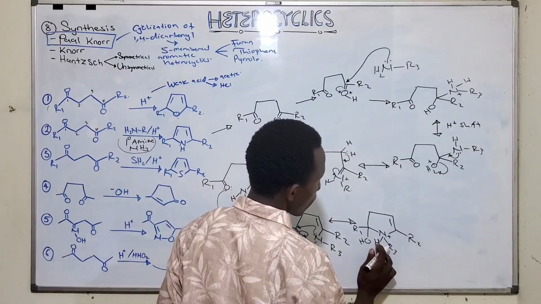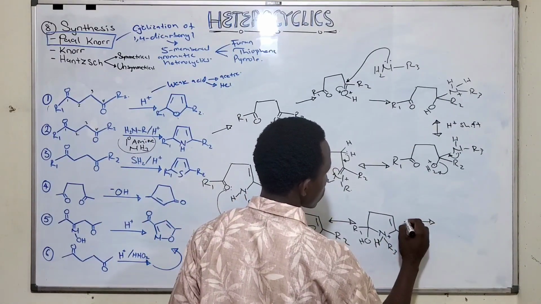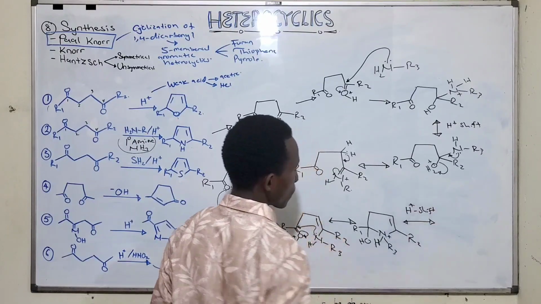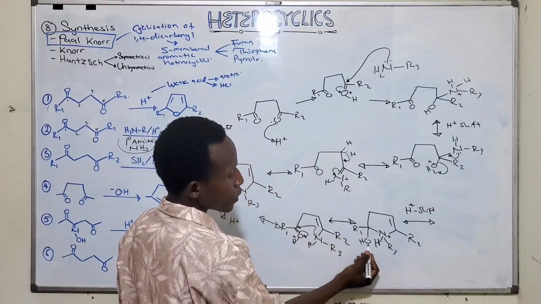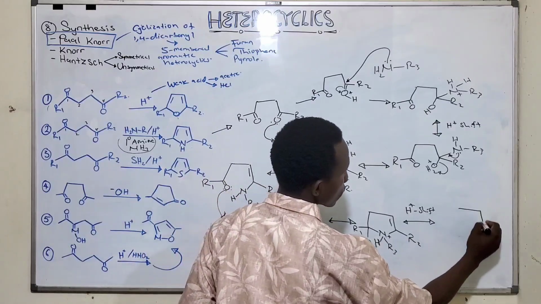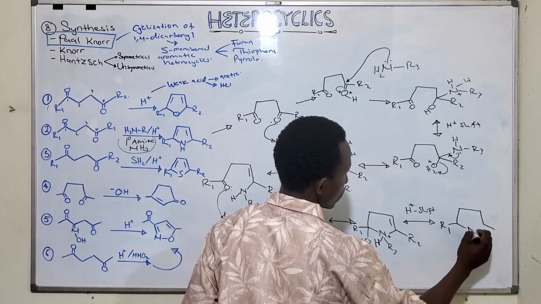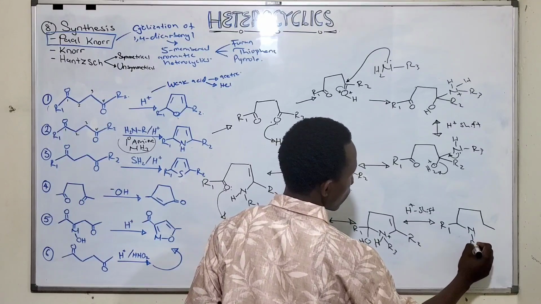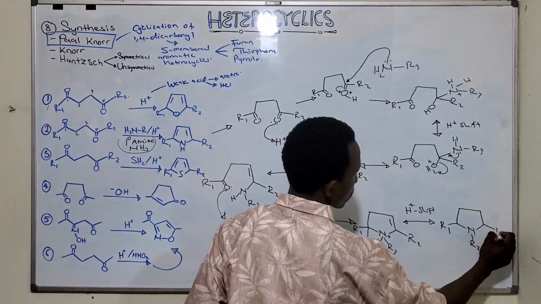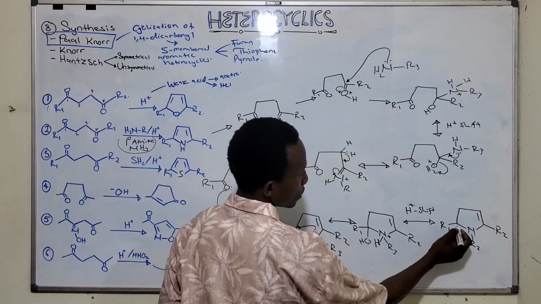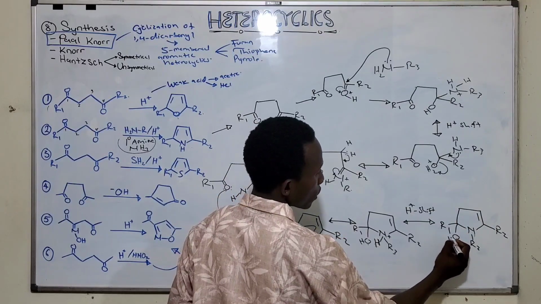We shall have a proton shift. This hydrogen will go to this oxygen, forming this R1, N with R3, then we have R2 there, a double bond, and OH2.